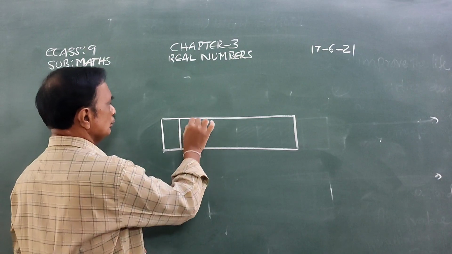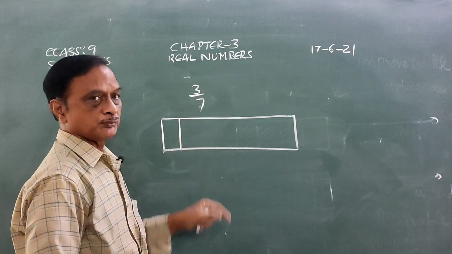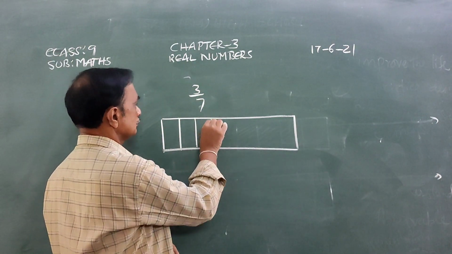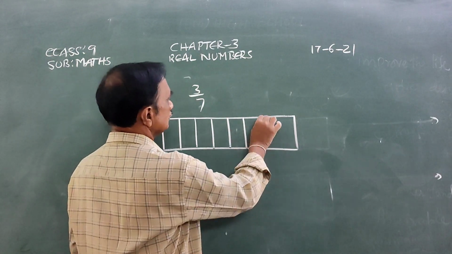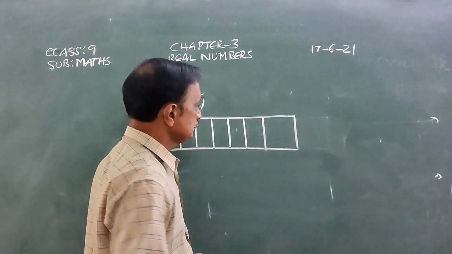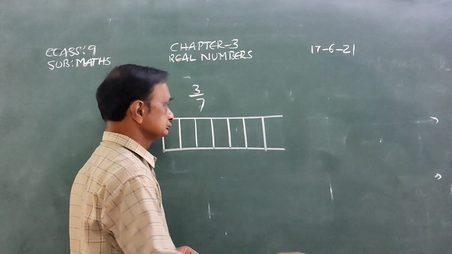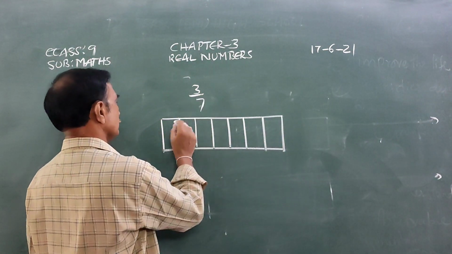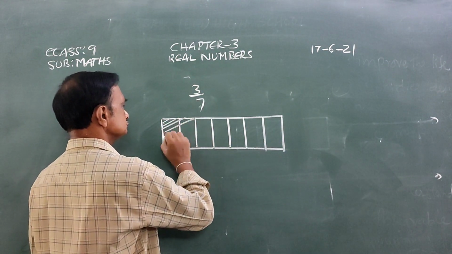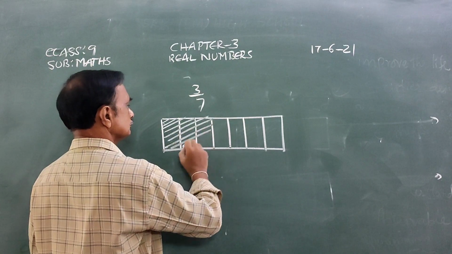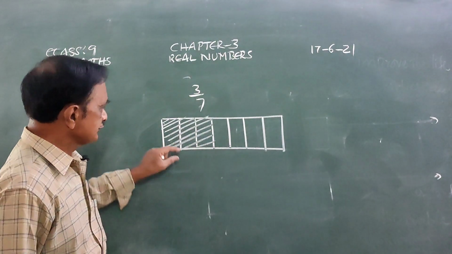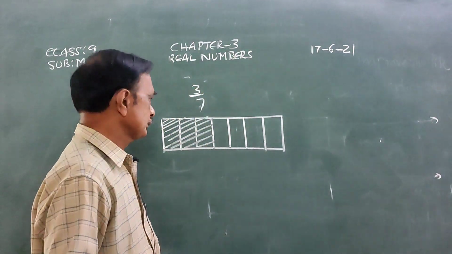Divide this into 7 equal parts first, and shade 3 parts out of 7. So this shaded part represents 3 by 7.